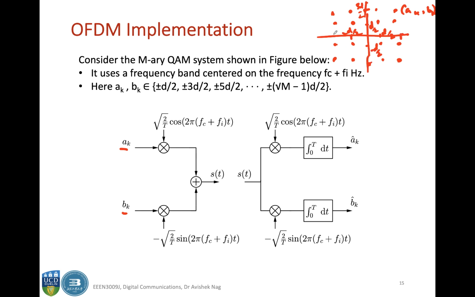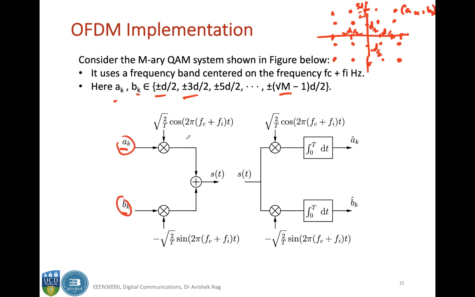With that geometry, each of these AK and BK will be either plus minus d by 2 or plus minus 3d by 2. For 16, this will be only plus minus d by 2, plus minus 3d by 2. For general M, this will be plus minus of (square root of M minus 1) d by 2, where M is a square number. So for a square constellation, AK and BK will have this form. These are the coordinates of the symbol.